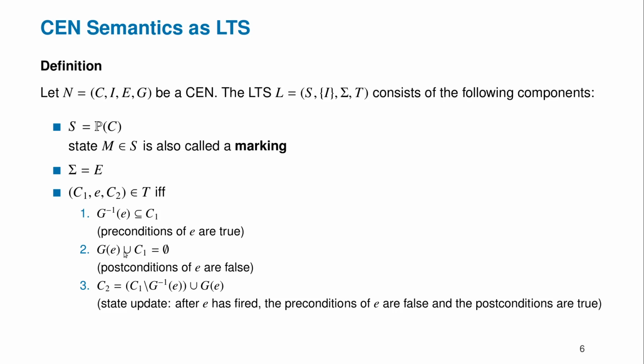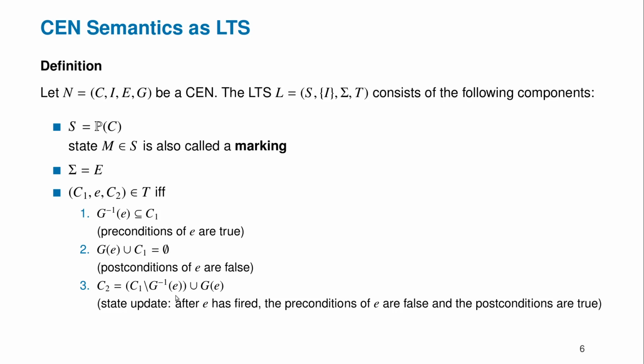So if we have the post conditions, then all of them are empty, so they are ready to take a token. So the intersection of the post conditions and the current state is empty. So all of them can take a token.